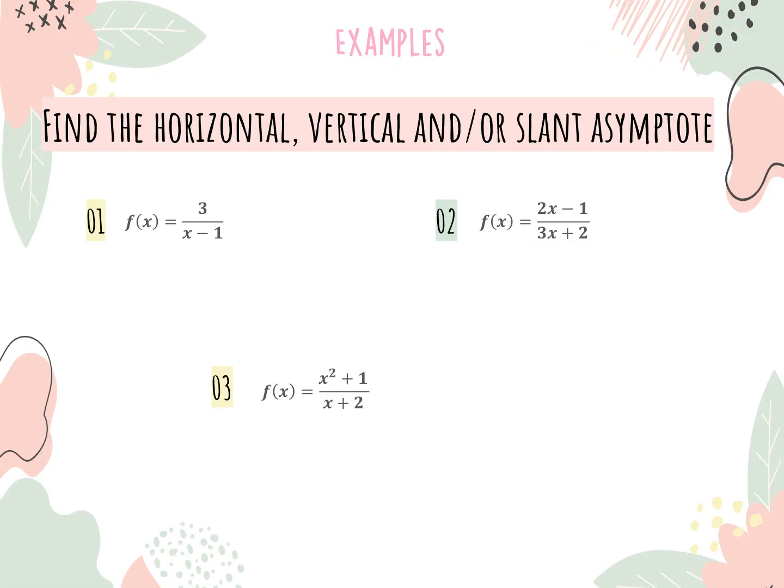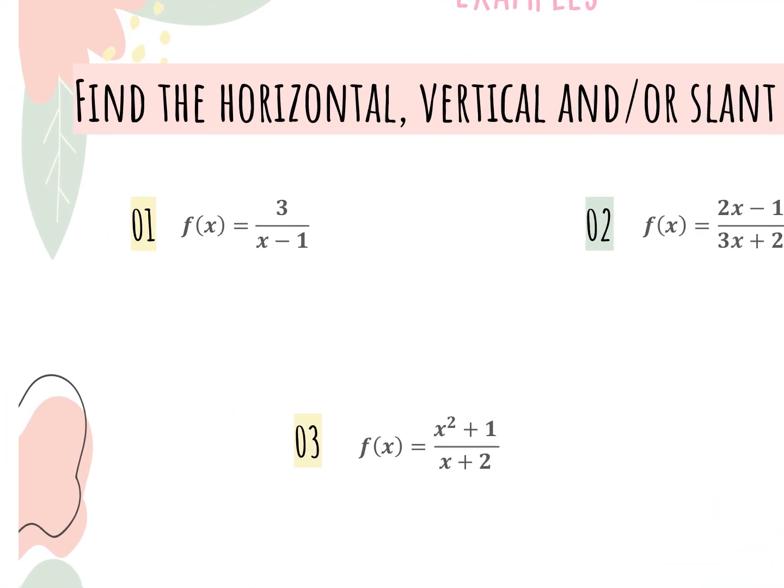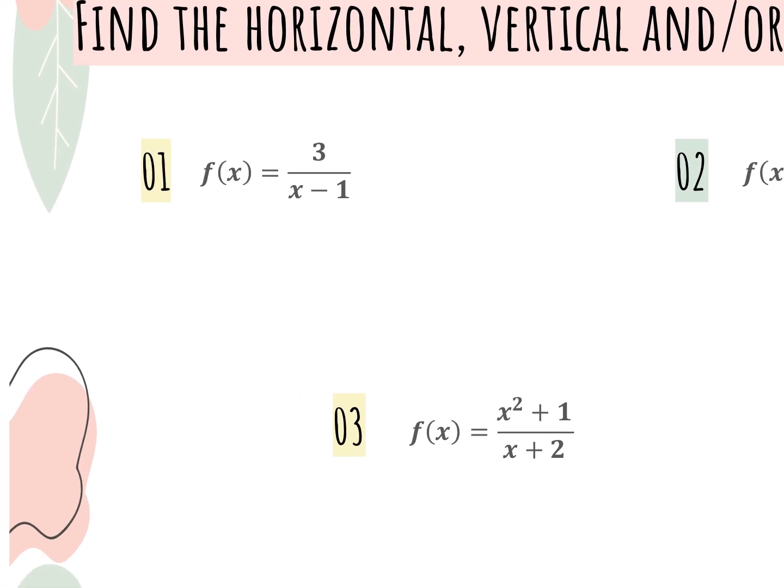All right, so for these first few examples, we're going to find the horizontal, vertical, or slant asymptotes. All right, so first, the easiest thing to find is a vertical asymptote. So I'm going to abbreviate that VA, right?